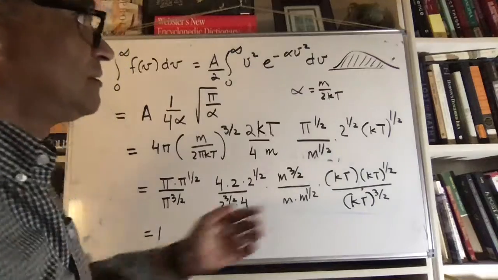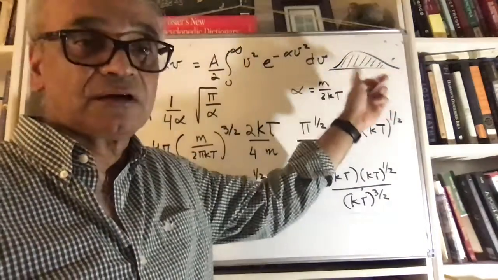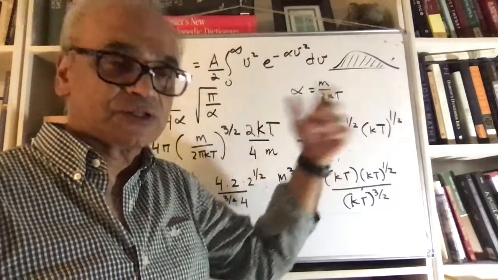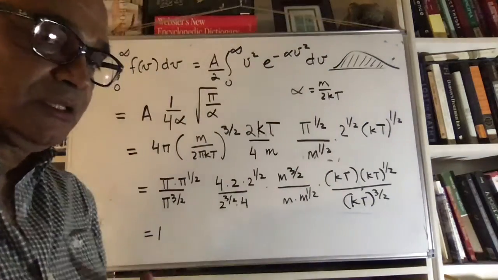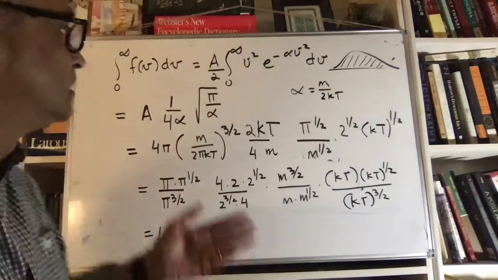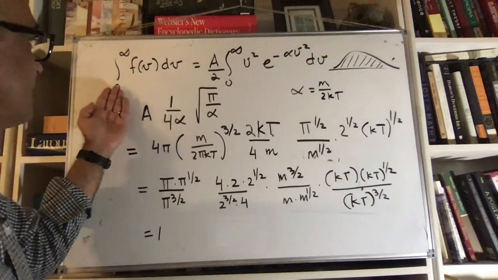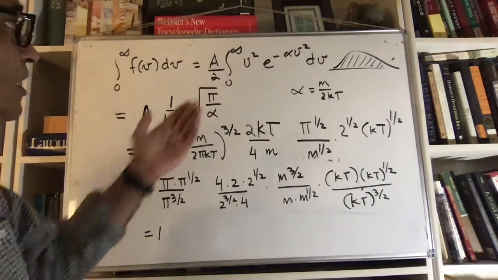If you take any arbitrary molecule and measure its velocity, it will fall under that curve. It will be somewhere there. So if you take the integration of the entire probability distribution, it will give you 1. So this one is our probability distribution. If you go from 0 to infinity, that should give you 1.